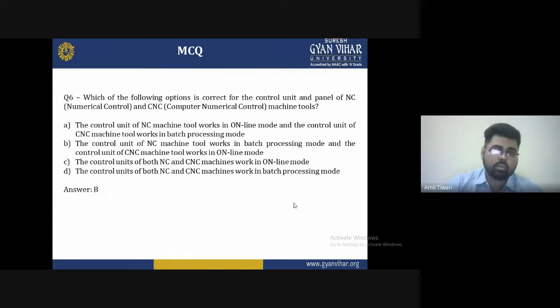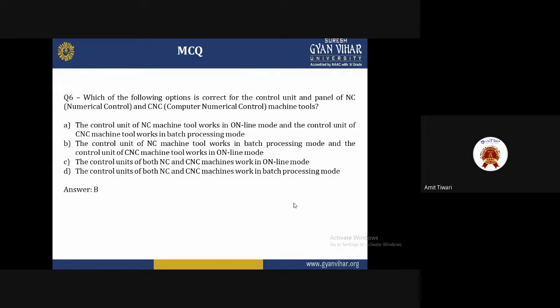Sixth question: indicate which of the following options is correct for the control unit of the NC machine and CNC machine tool.